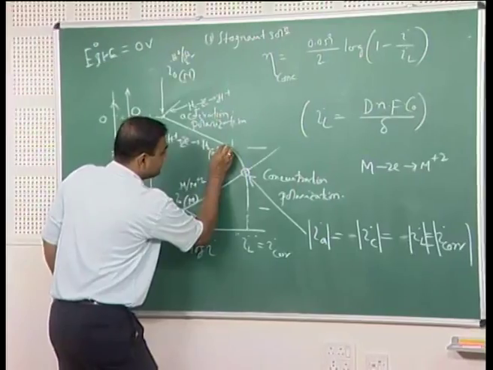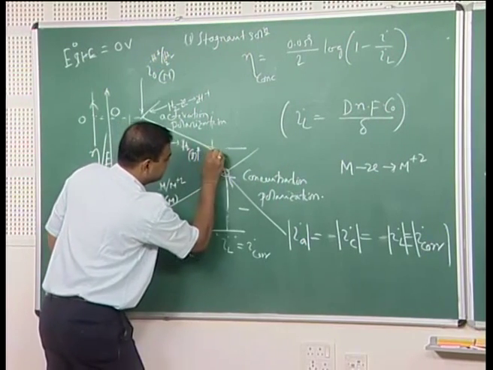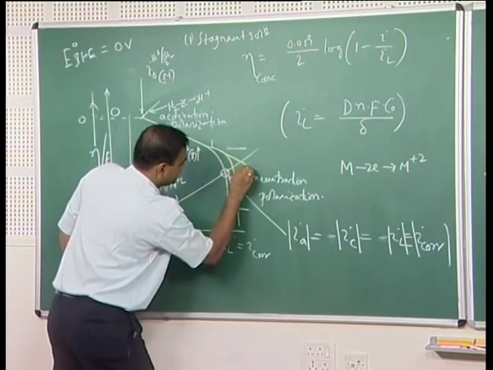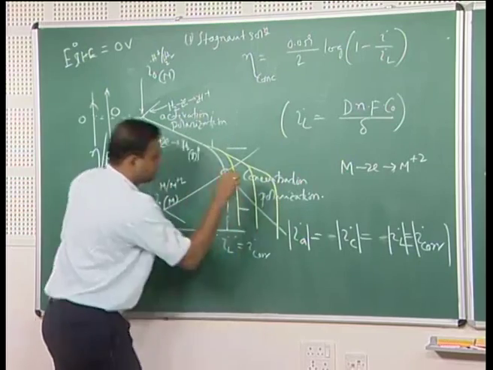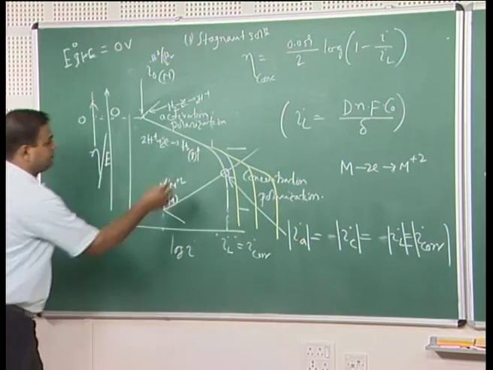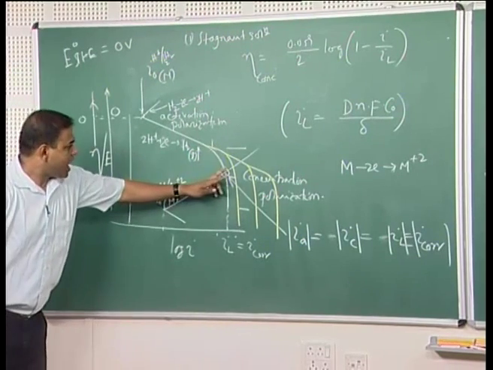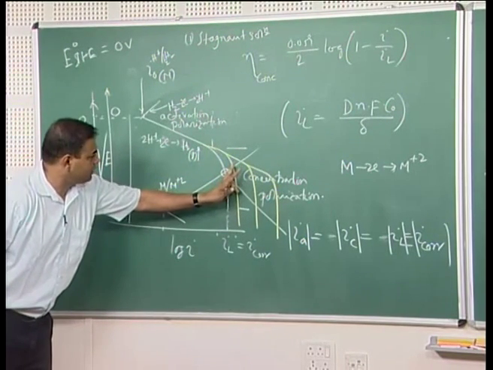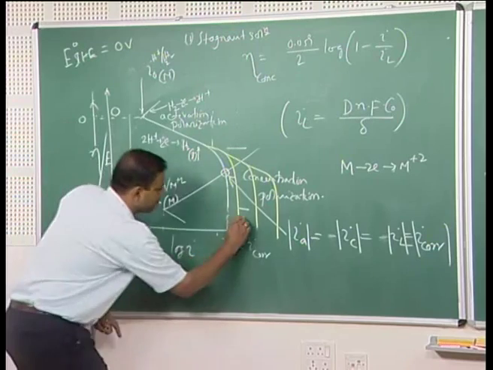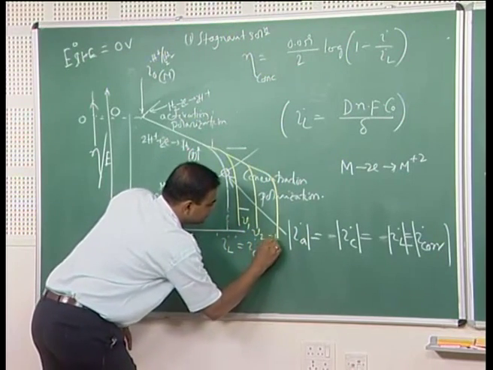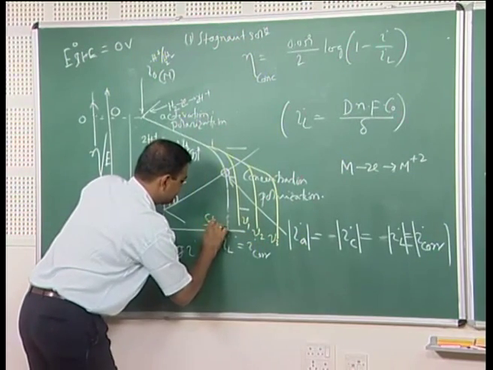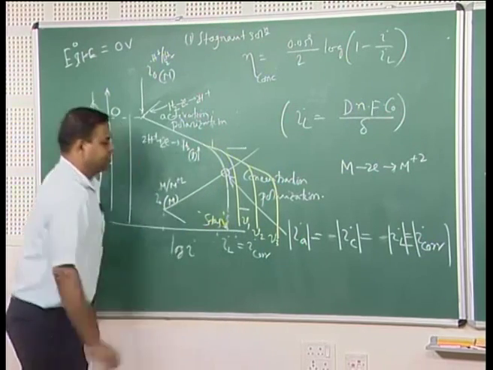So gradually same thing I am plotting it here like this. Okay. Now that means up to this, up to velocity V2, this is V1, this is V2, this is V3, and this is stagnant, this condition.